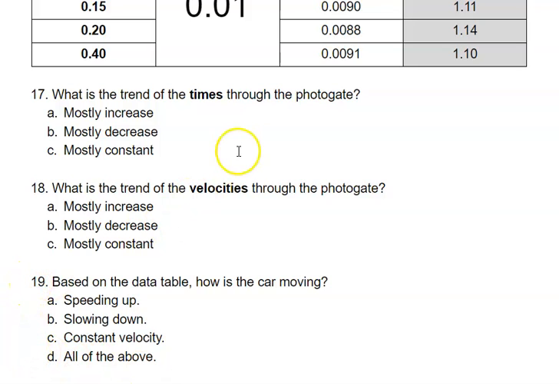Question 19. Based on this data table, how is the car moving? A, it is speeding up, B, slowing down, C, constant velocity, or D, all of the above.